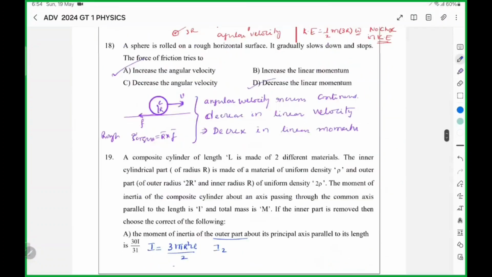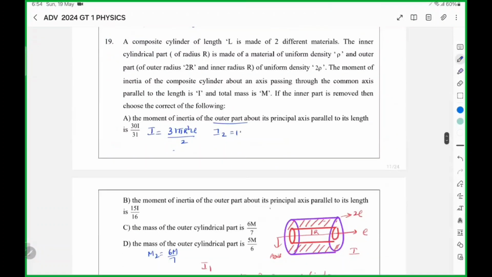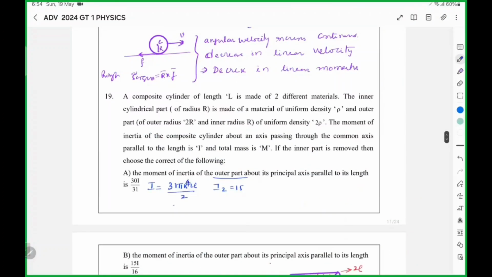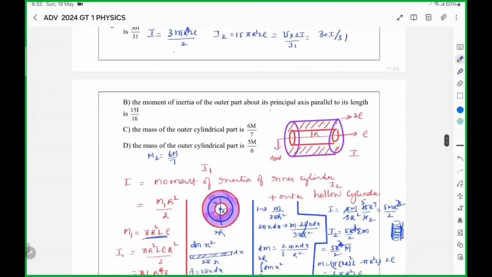I2 will be 15 pi r power 4 L rho. So here it is I2 in terms of I: 15 into 2I by 31, 30I by 31. That is first option is correct.